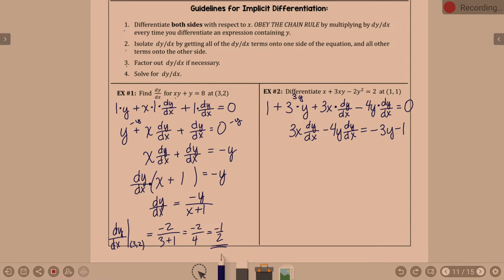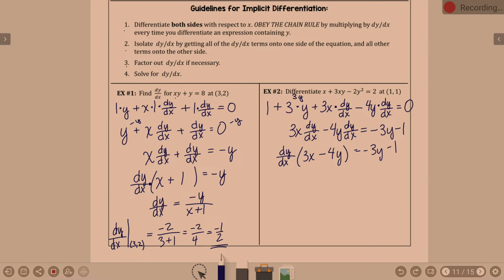So that's isolating dy/dx. Then factor it out. This is where some of you would have factored it out on the last step too. dy/dx factored out. What remains in the parentheses? 3x minus 4y equals negative 3y minus 1, or negative 1 minus 3y if that's your preference.